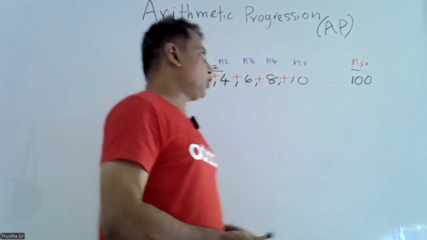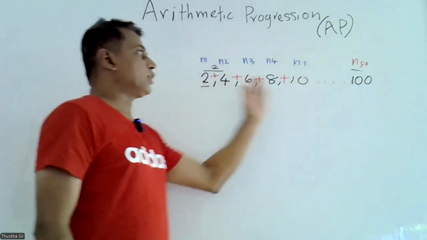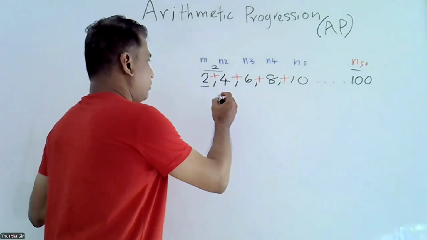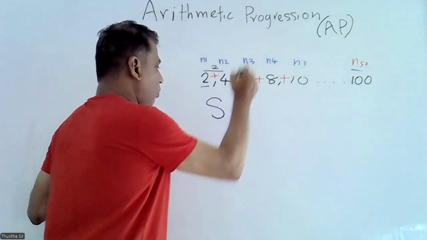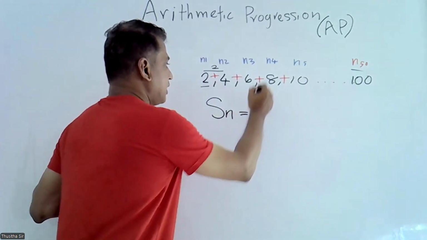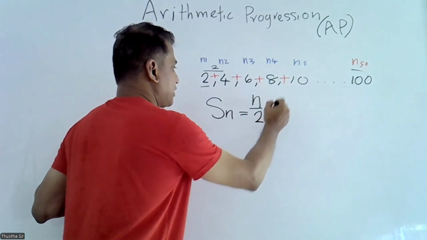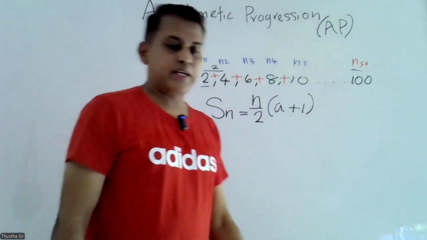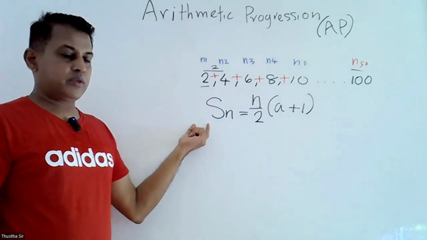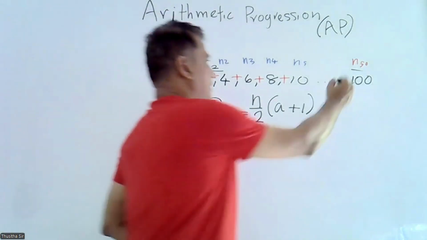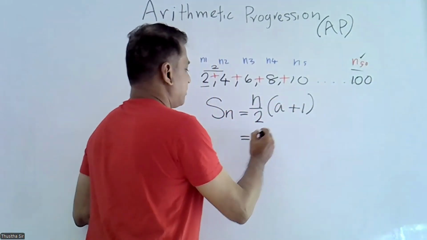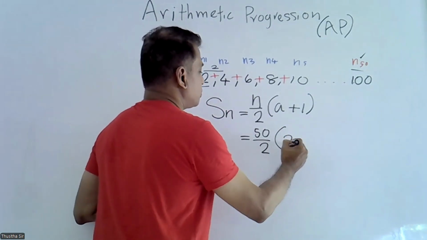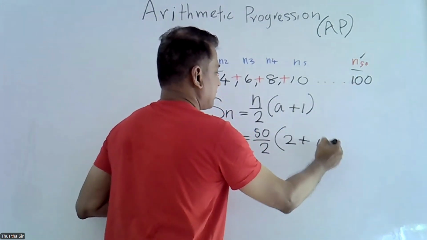In order to do that, we cannot go on manually because it takes time. We have a formula. The sum of all the numbers equals how many numbers we have divided by 2, times the first number and the last number. This is the formula you need to remember. How many numbers do we have? 50. 50 divided by 2, the first number is 2, the last number is 100.